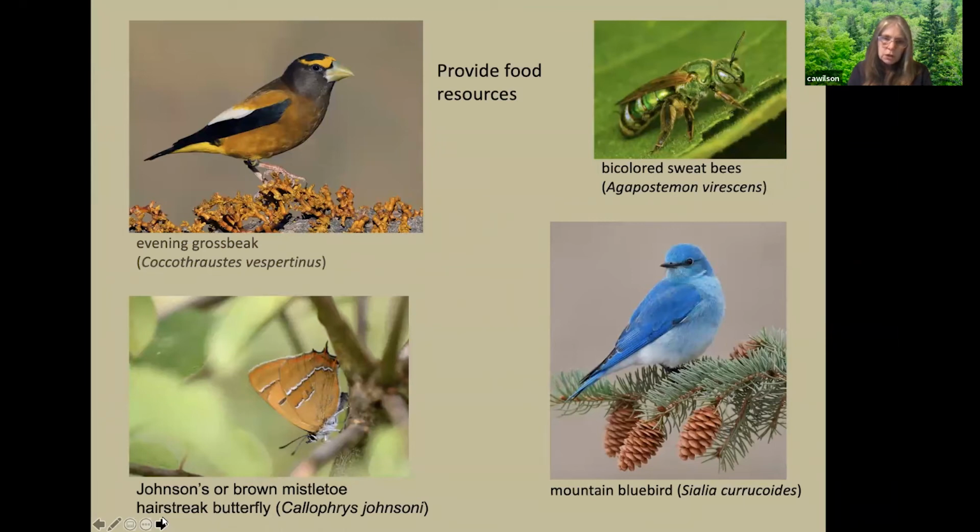So Johnson's, or the brown mistletoe hairstreak butterfly, is one that is thought to only use mistletoe for its larvae. So it can be quite important as a food resource. And the berries are very rich in protein, and then the nectar is very high in sugars.